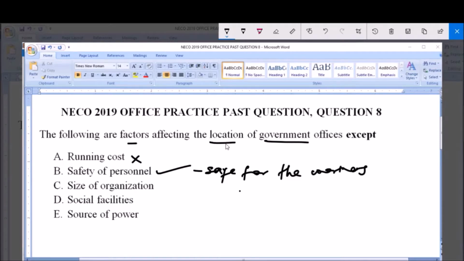Size of organization also is a factor affecting the location. The size of the organization, that is how large this organization is, also affects the location of governmental offices, because depending on the size of organization, the space required for the construction of these governmental offices is important. Social facilities also affect location of governmental offices.